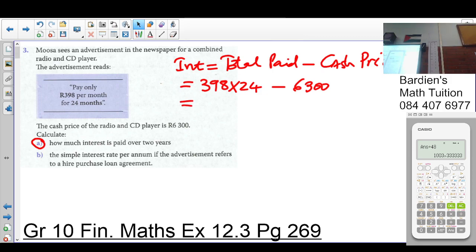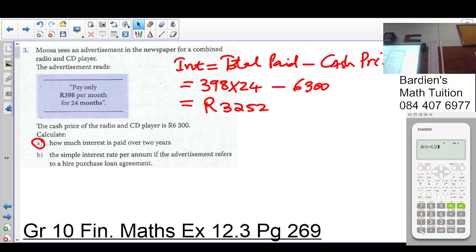So we calculate 398 times 24 minus 6,300. That gives you 3,252 rand. It's about half or more than half.